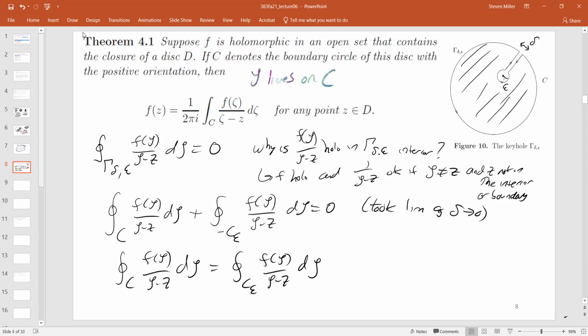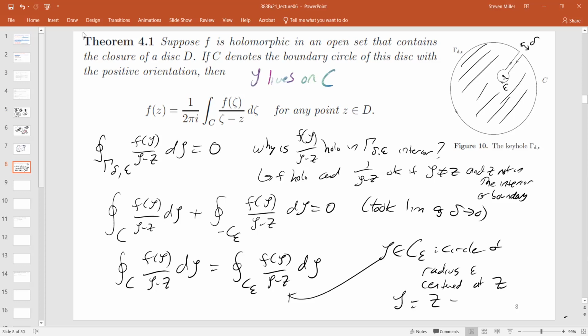Now, zeta here is on a circle of radius epsilon, centered at z. So we can write zeta as z plus epsilon e to the i theta.